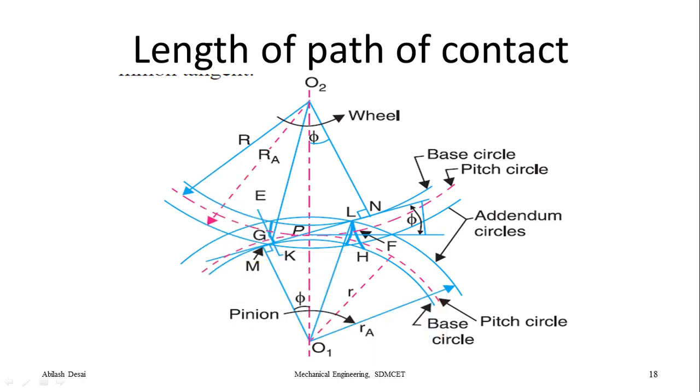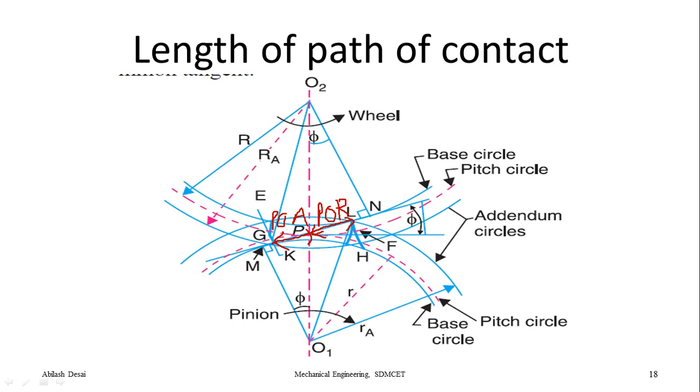You can see from this distance to this distance, this is known as the path of approach. And from this distance up to here, this is known as the path of recess.